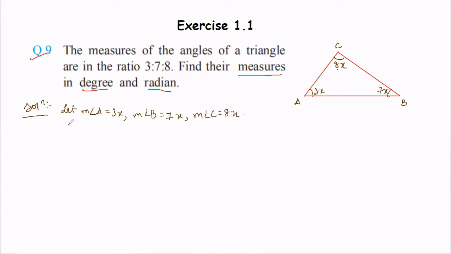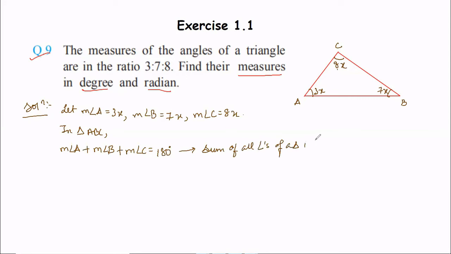Now applying the same rule in triangle ABC, measure angle A plus measure angle B plus measure angle C gives you 180 degrees. The sum of all angles of a triangle is 180.